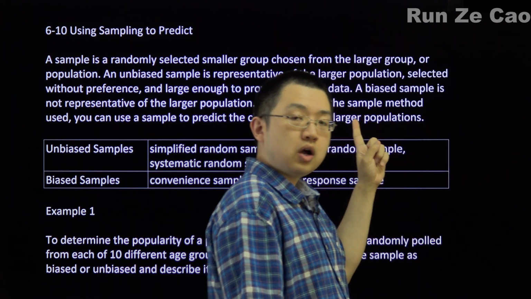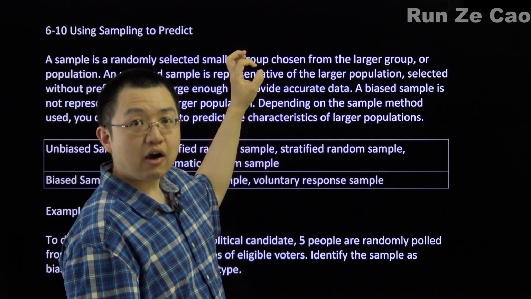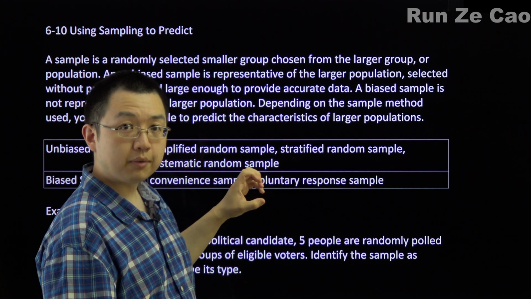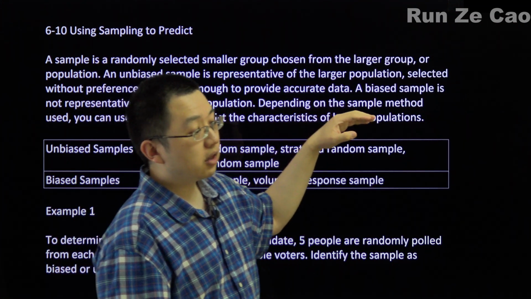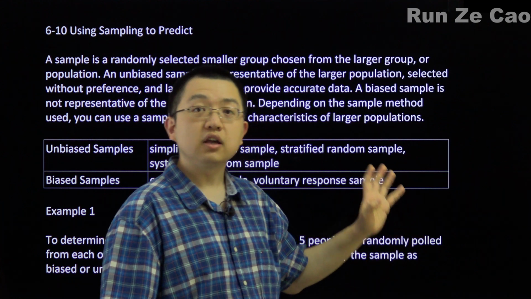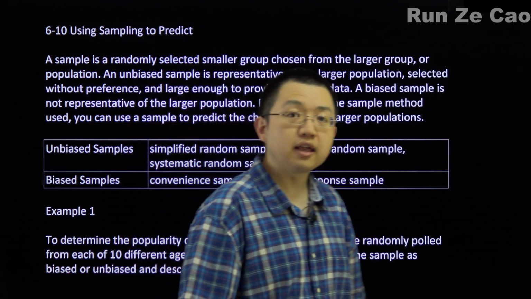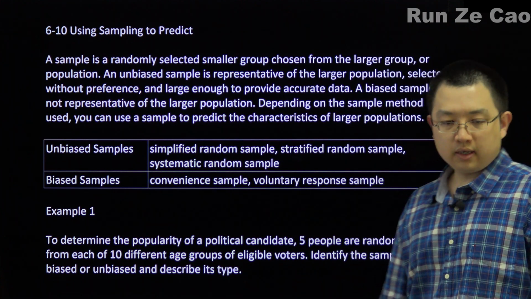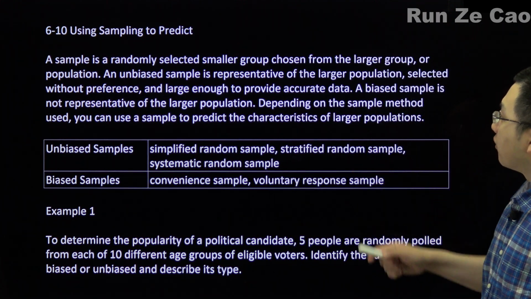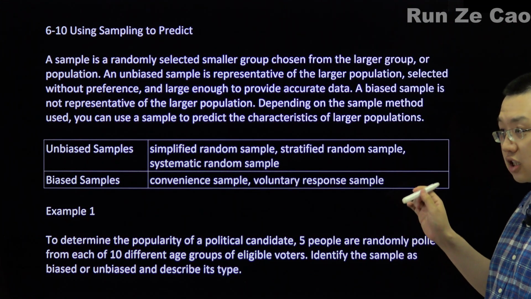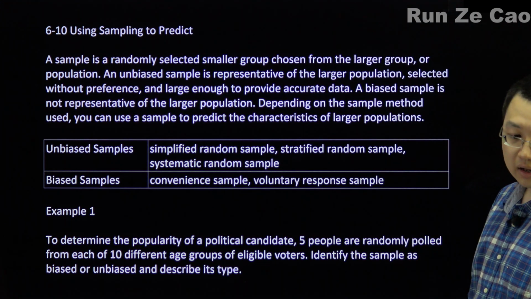The ratio of a particular outcome in the sample, so out of the sample's population, is proportional to how much of the overall population has that particular outcome or status. So it is representative if it's unbiased, selected without preference, and large enough to provide accurate data.